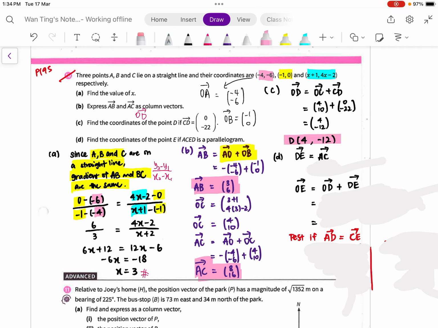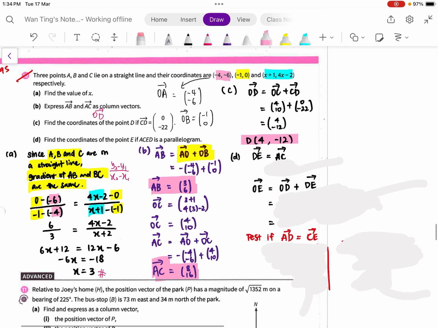Part D. Find the coordinates of E such that ACED is a parallelogram. Even if you don't know the shape of a parallelogram, or rather the position of the points, you just label down this ACED. We know that these two lines must be parallel, and these two lines must be parallel.